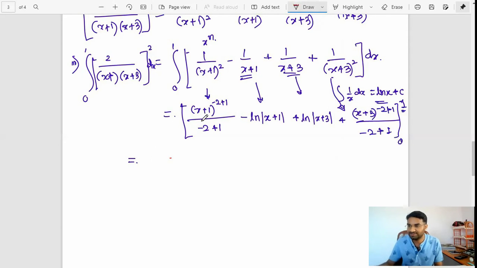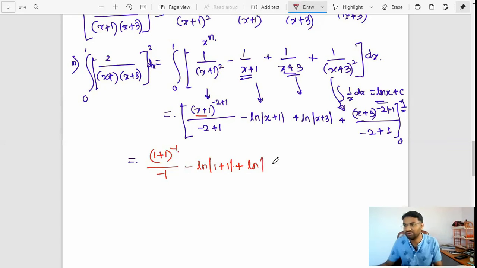So here in the first part, 1 plus 1 raised to negative 1, right? And we have a negative 1, means negative 2 plus 1 is negative 1, right? Then ln of 1 plus 1, plus ln of 1 plus 3, and plus 1 plus 3 raised to negative 1 divided by negative 1.